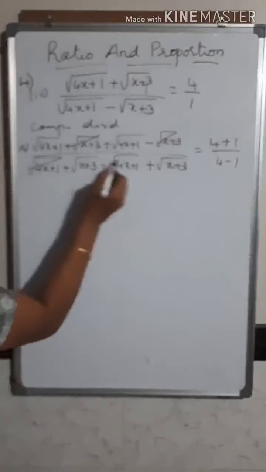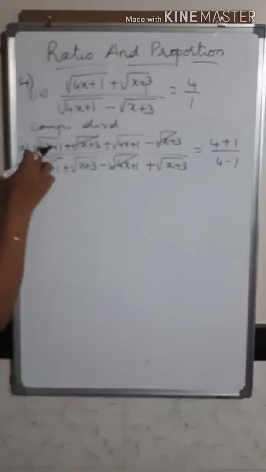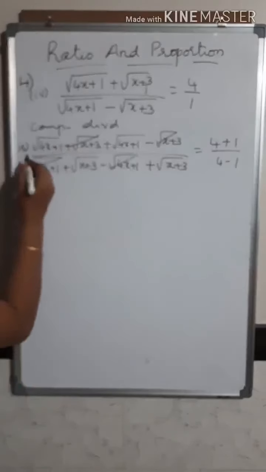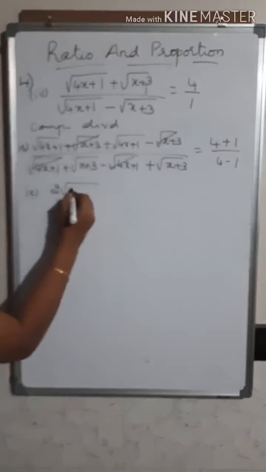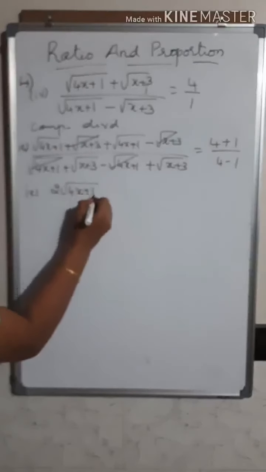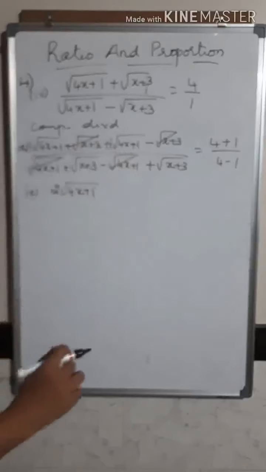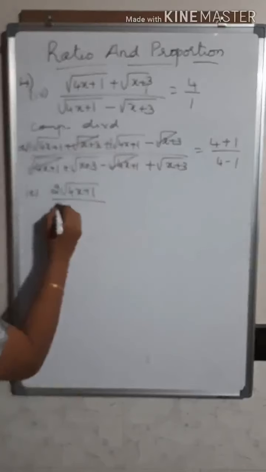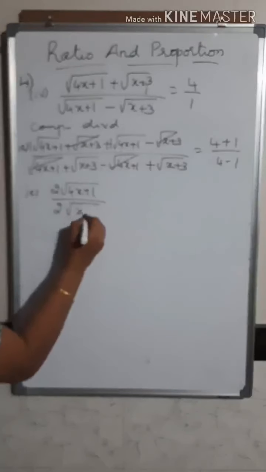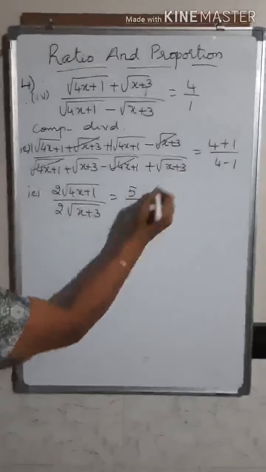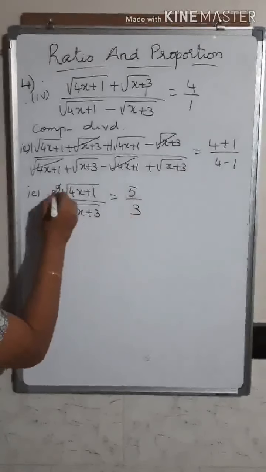In the denominator, these two get cancelled. So these are like surds, so you can add the two surds, so you will get 2 root 4x plus 1, because here the coefficient is 1, here the coefficient is 1, you have to add the coefficients, upon here also you will get 2 root x plus 3 is equal to 4 plus 1 is 5, and 4 minus 1 is 3. Now cancel these two.